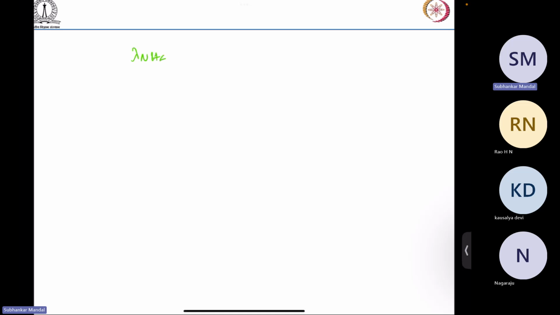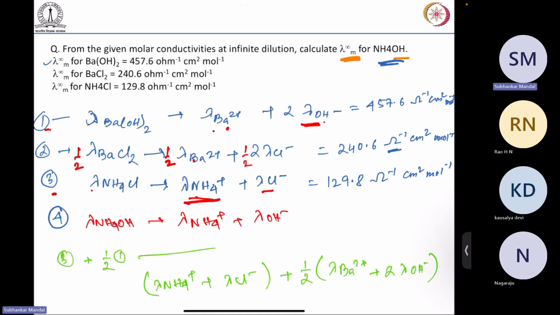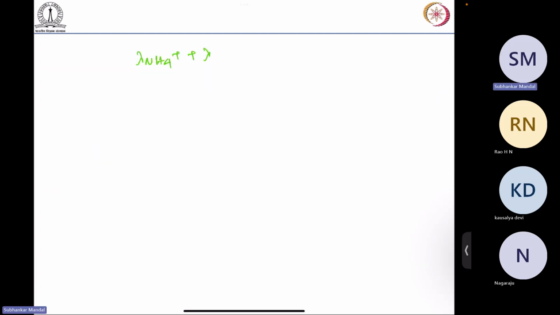Lambda NH4 Cl minus half of lambda barium 2 plus, and it will be plus because I am doing the summation, lambda OH minus. Okay, so these things came.